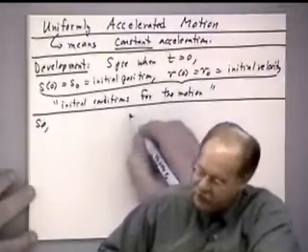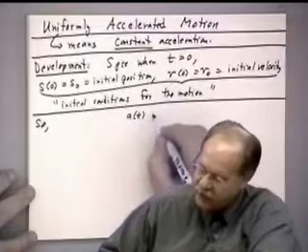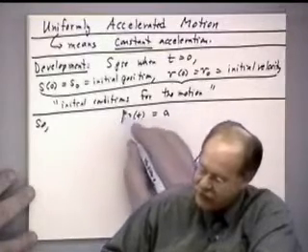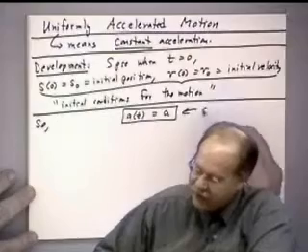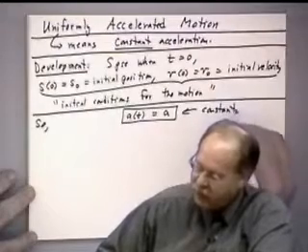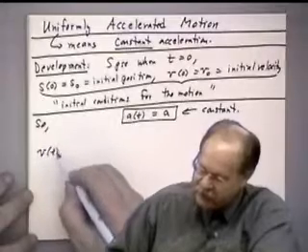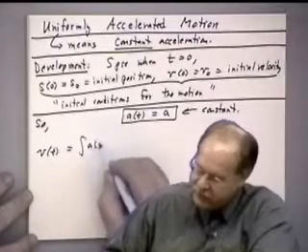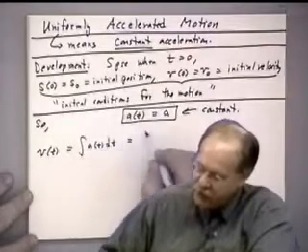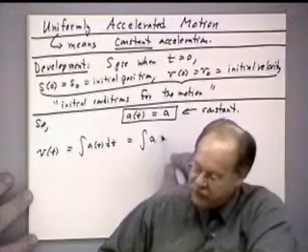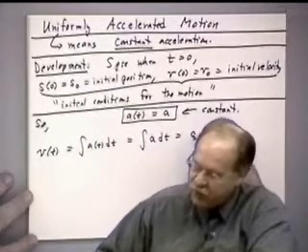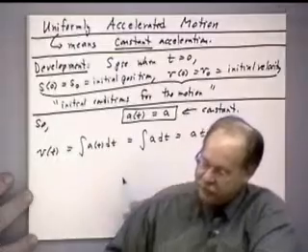So, if we start out our situation with the acceleration function of t being a, which is a constant, let's see how far we can go with that. If that's constant, then I know that the velocity is the indefinite integral of the acceleration, which is the indefinite integral of this constant a dt, which is just at plus c.